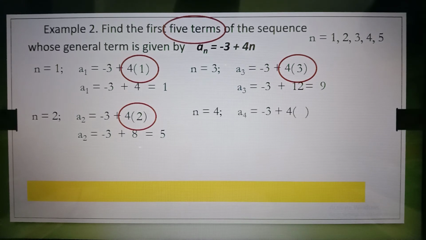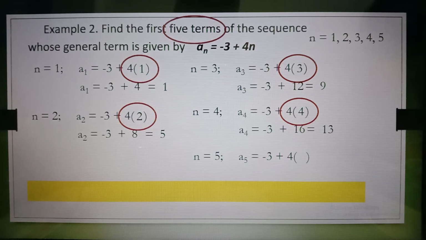So when n is 4, a sub 4 equals negative 3 plus 4 times 4, then multiply 4 times 4, 16. Combine with negative 3 will give you 13.